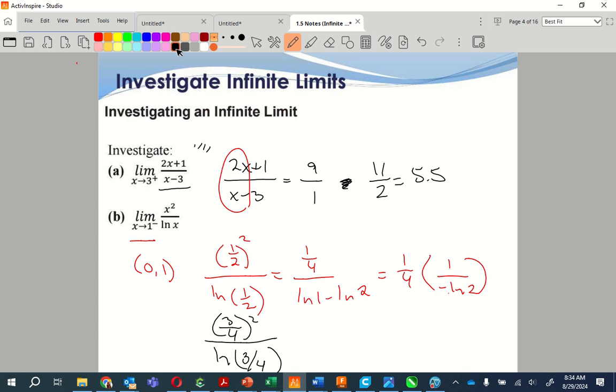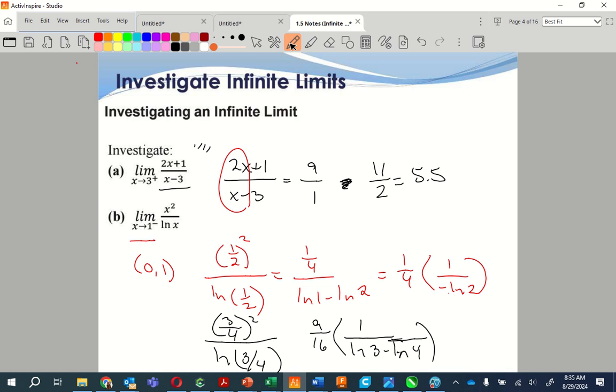So this is going to be 9/16 times the reciprocal of this, which is 1 over ln of 3 minus ln of 4. There you go, like that.